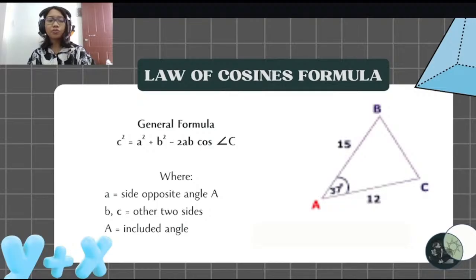The law of cosines formula states that c squared is equal to a squared plus b squared minus 2ab cosine angle C, where a is the side opposite angle A, b and c are the other two sides, and A is the included angle of side b and side c.